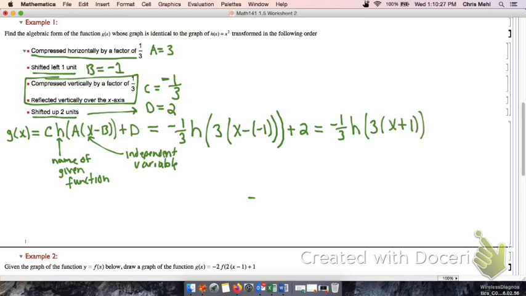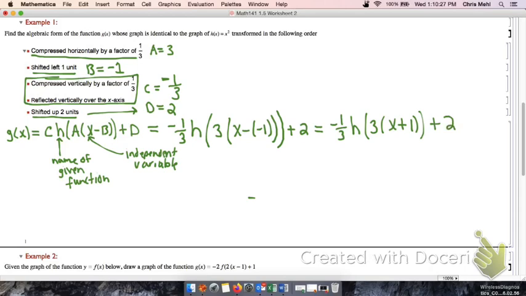Again, notice here you're shifting left 1 unit, but an x plus 1 appears. So I always like to think that the direction that you shift is opposite the sign that appears in this expression. And then finally you have a +2 on the end. Okay, and actually I made a mistake. I do not need that parenthesis right there. So this should just be a +2.